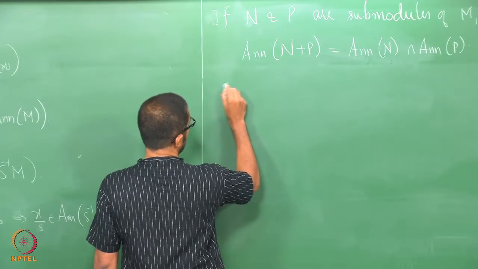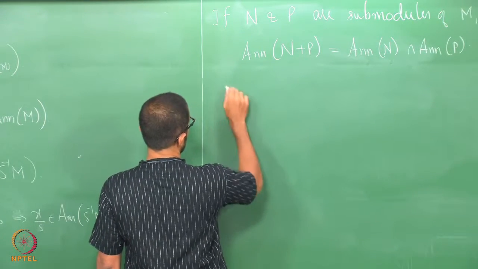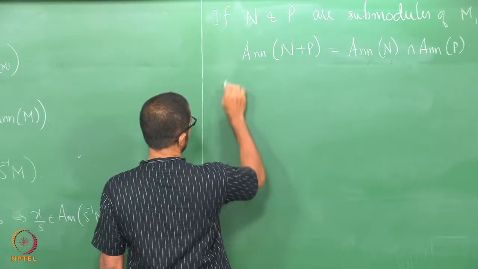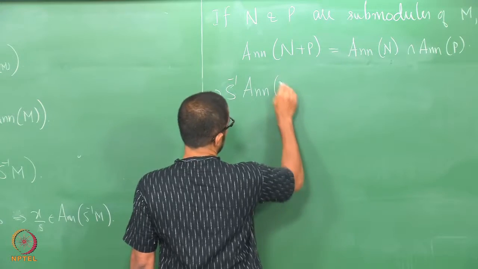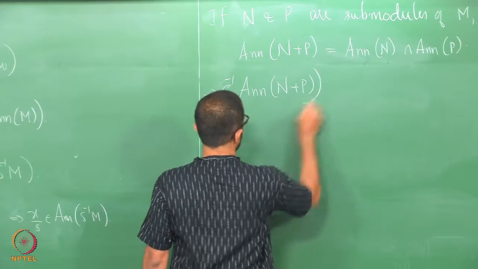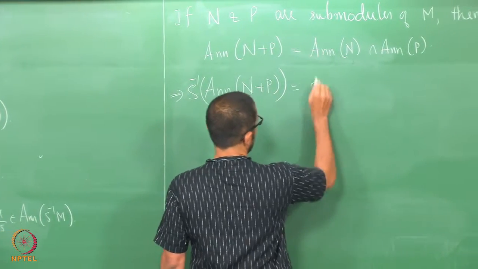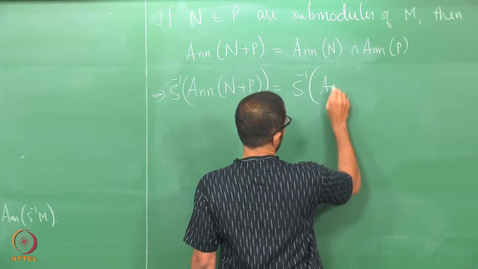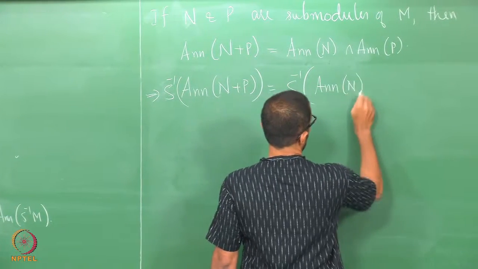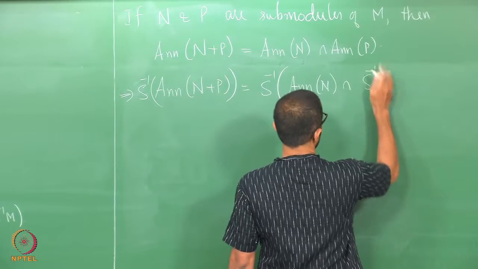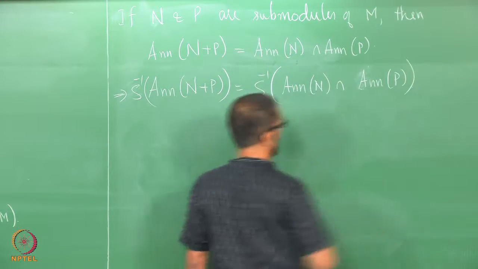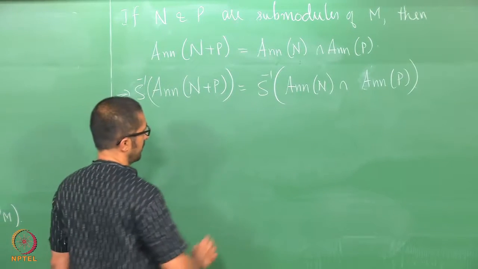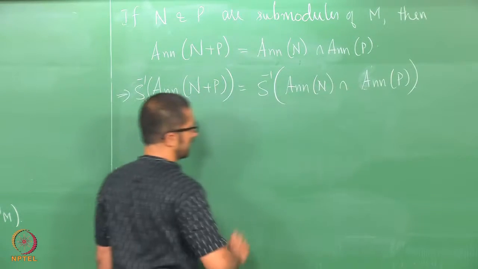So, if I have S inverse of the annihilator of N plus P, this is S inverse of the annihilator of N intersection the annihilator of P, but S inverse goes inside finite intersection.